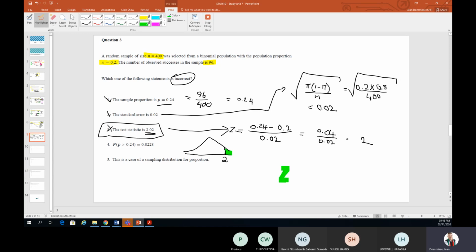So we will go to the Z table where Z is bigger than 2. Okay, so let me just write that in. So where Z is bigger than 2. Okay, so let's quickly check the Z table.